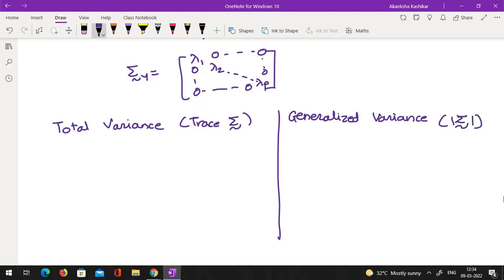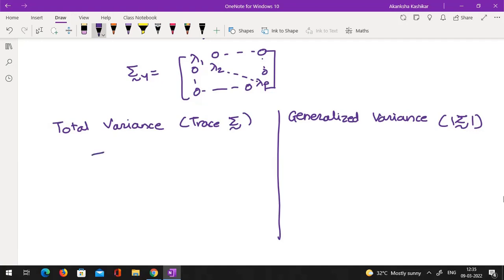What is interesting about PCA is that PCA preserves the total variance as well as the generalized variance of the original vector. Let me repeat. PCA preserves the total variance as well as the generalized variance of the original vector. What do I mean by preserve?